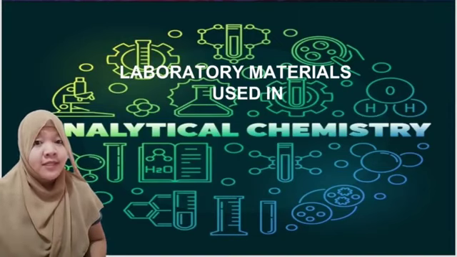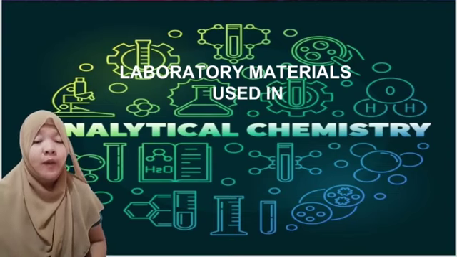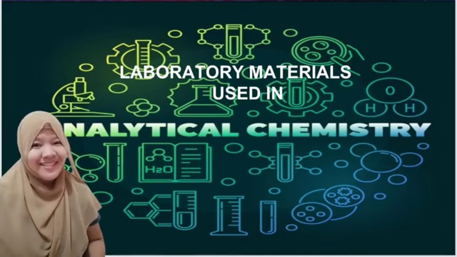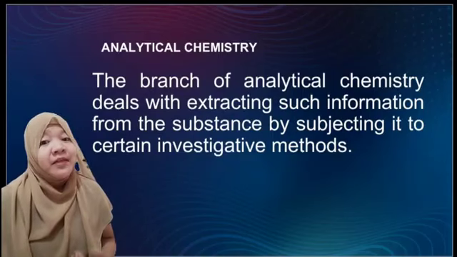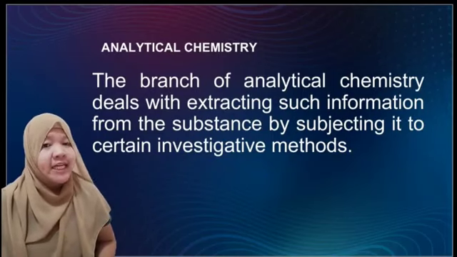And for the first laboratory activity in this subject, we're going to define and look at the laboratory apparatuses and their uses. Let's go. But first, let's give a short definition of analytical chemistry.